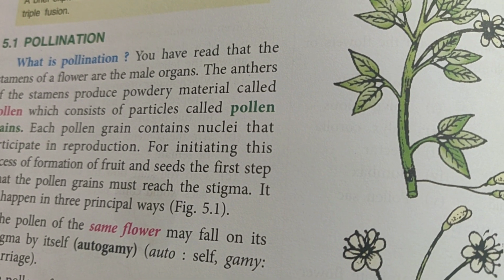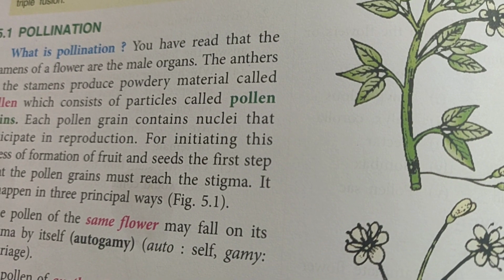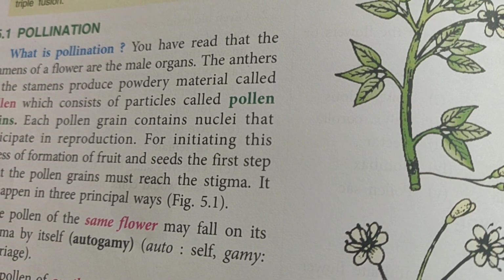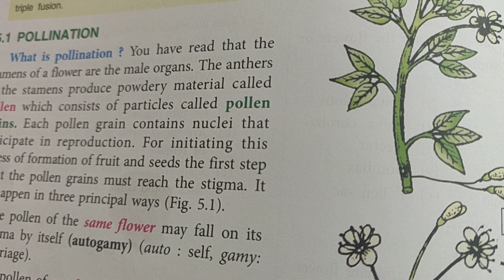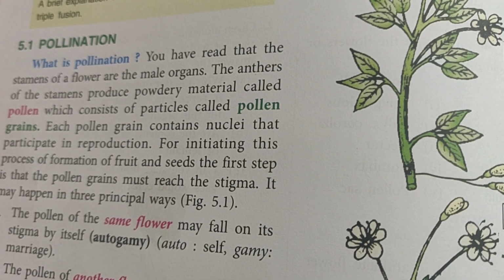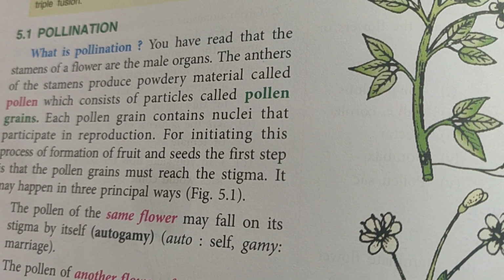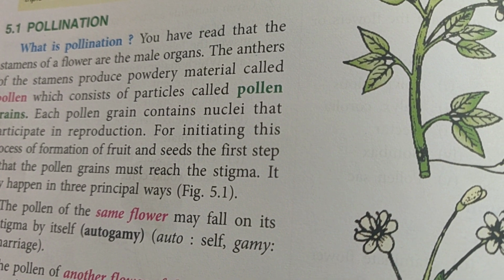It is a very simple process of transference of pollen grains to the stigma. This transference is known as pollination, and it basically may take place in three ways.